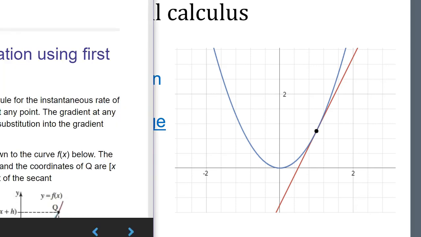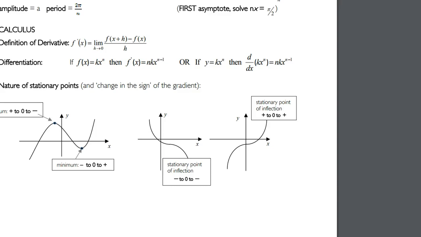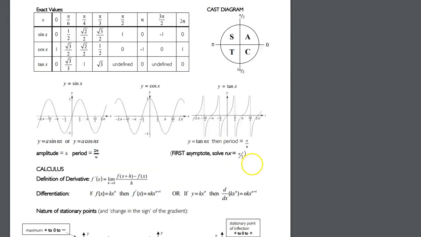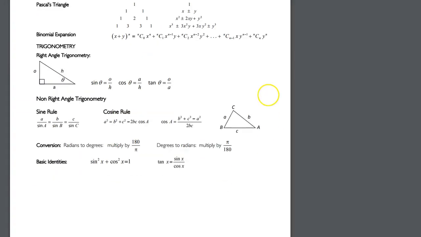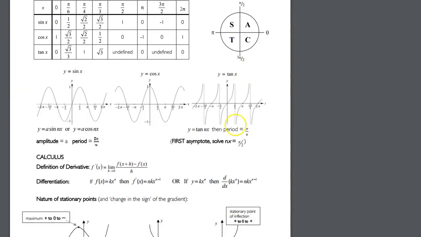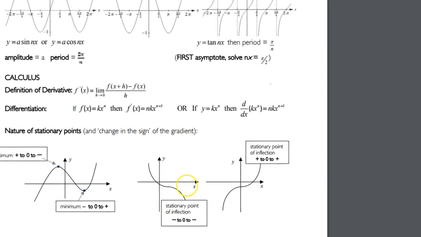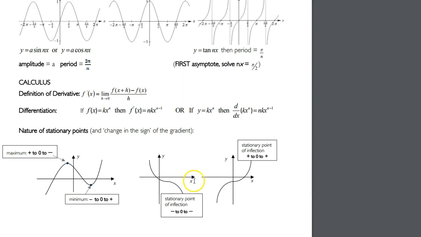So let me just find the formula sheet. So we're on page 3 now. Down in the calculus section, we've finished trig. Okay, the definition of a derivative there, that is our first principles formula that we're going to be using in this video. The differentiation one here is differentiation by rule.